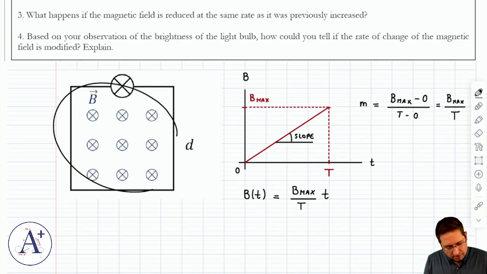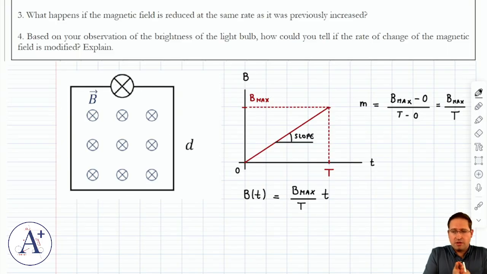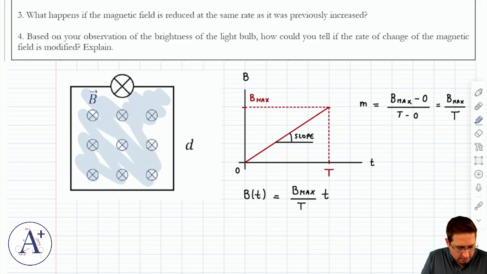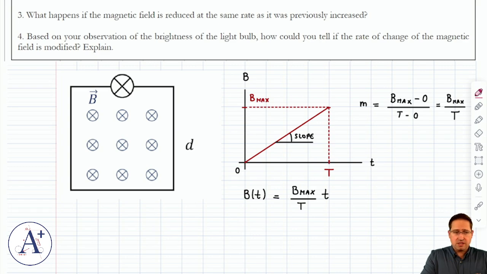If B increases with time into the page, because B is into the page, then the flux through the area bounded by my conducting loop increases into the page. If flux increases into the page, B induced must oppose the change in flux, and therefore B induced must point out of the page to oppose the increase in magnetic flux into the page.